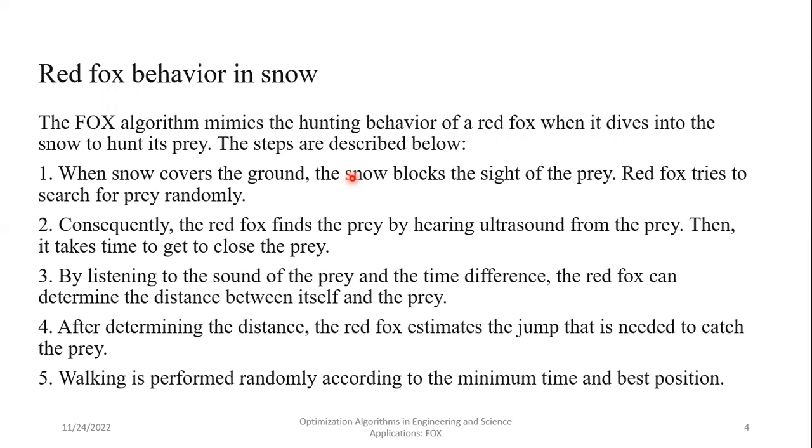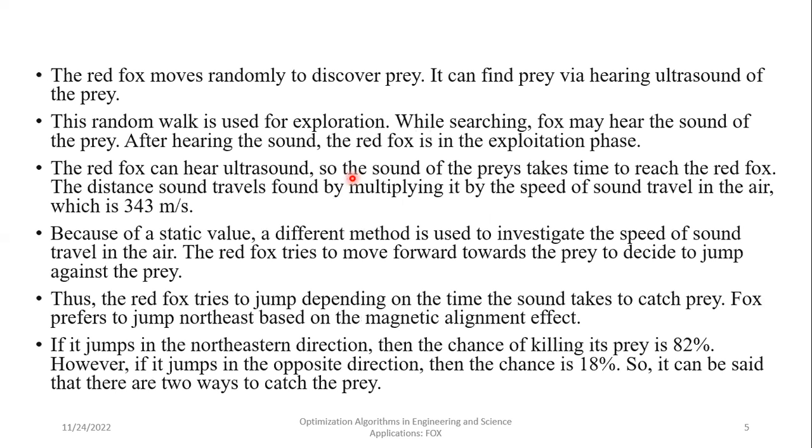Walking is performed randomly according to the minimum time and best position. The red fox moves randomly to discover prey. It can find prey via hearing the ultrasound of the prey.